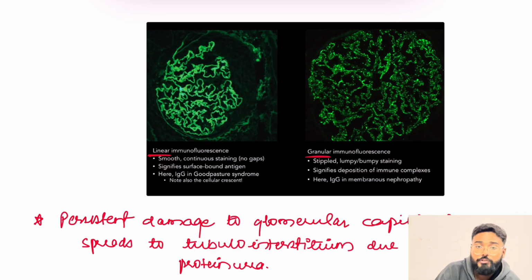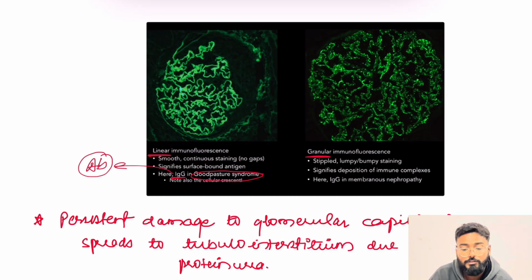Where you are going to see linear, it is your Goodpasture syndrome. There will be deposition of IgG. Please keep in mind, it is only antibody that is going to get deposited in case of Goodpasture syndrome, not the immune complexes. So whenever you see linear immunofluorescence, it is your antibodies that are going to get deposited, not immune complexes.